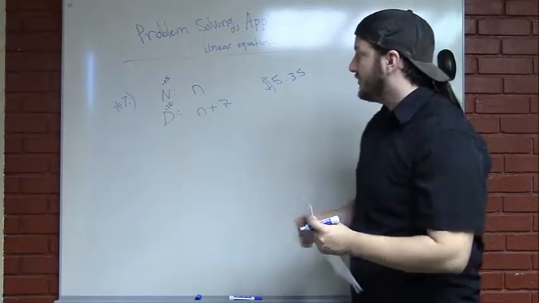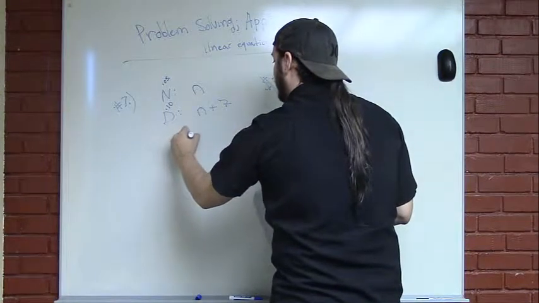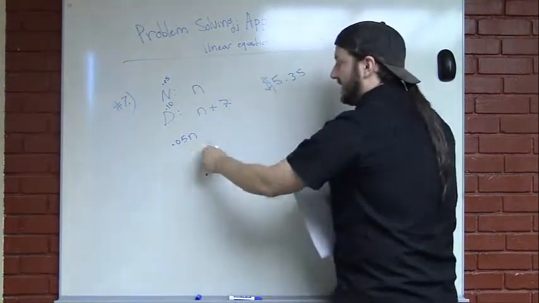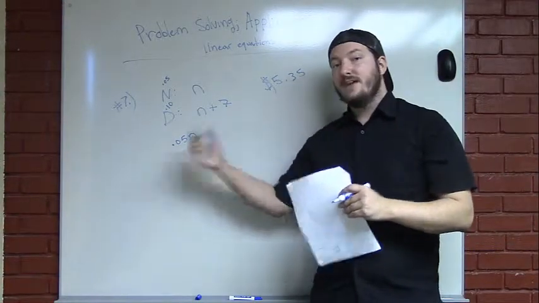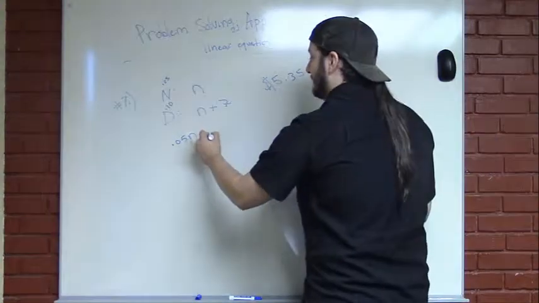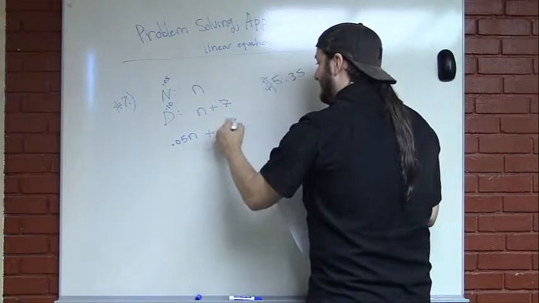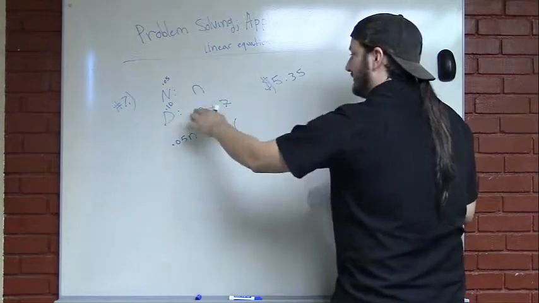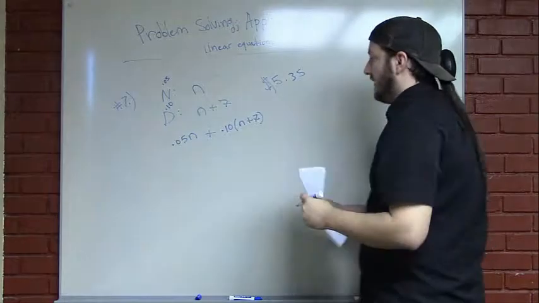So what you're going to do is say 0.05 N, because if you have 10 nickels and you multiply that by 0.05, that'll tell you how much money you have, okay? Plus 0.10 times N plus 7, okay?